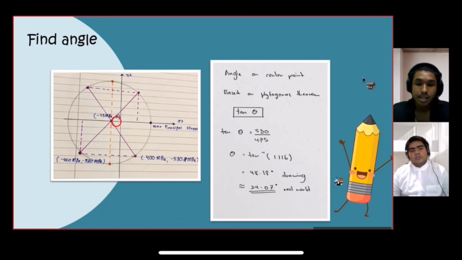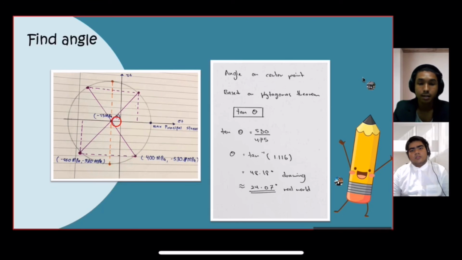The first answer, by drawing, is 48.18 degrees. When we need to change into the real world size, we need to divide the drawing size by 2 to get the real world. So the answer is 24.07 degrees, the final answer.